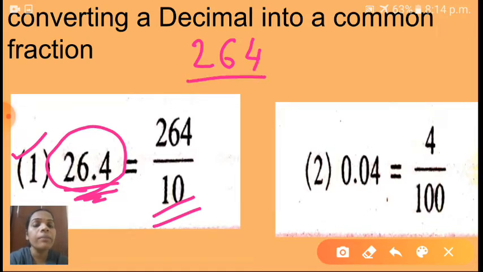This number will come in the numerator, and in the denominator you have to write 1, because if you write 1 in the denominator, the value will not change, isn't it, children? So 264 upon 1.